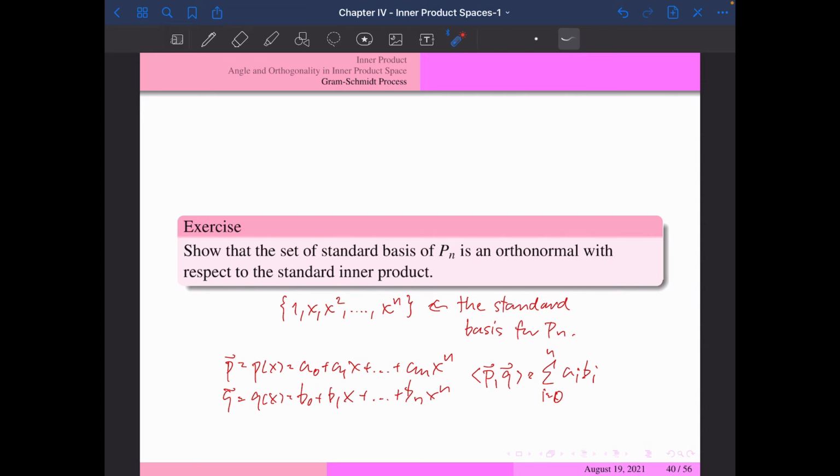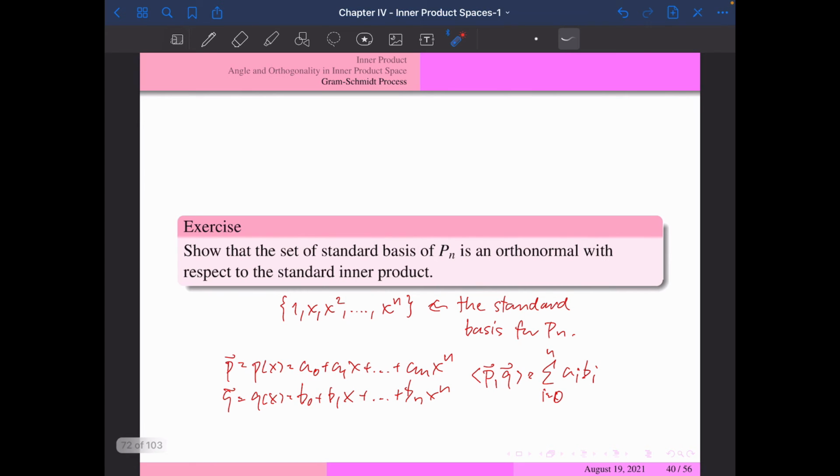So you can see that this is the product of the coefficients of x to the power i, and we find the product for all i and sum up. So we already showed that this is an inner product, and this one is very easy.